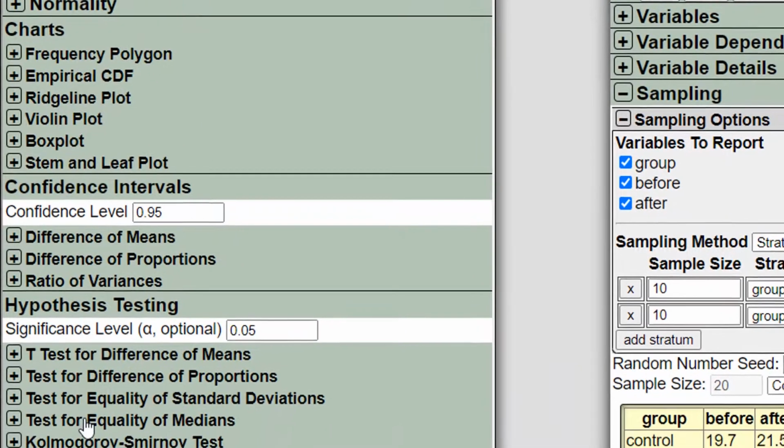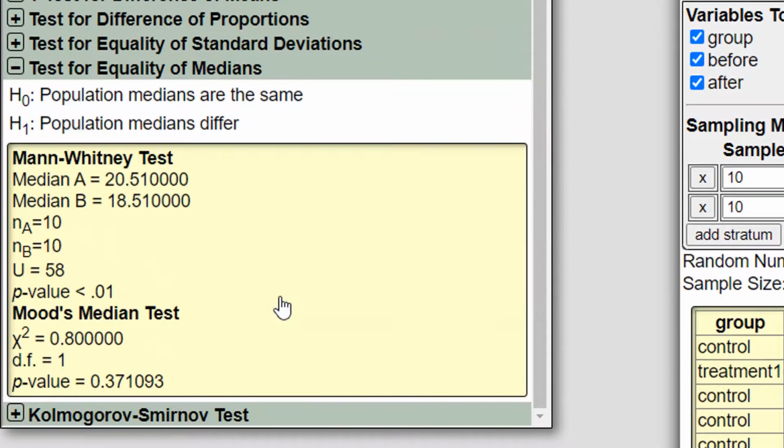We have a test for the equality of means, medians, and the Mann-Whitney test, which is again a non-parametric test for two independent samples. So the samples could have different sizes. The null hypothesis is that the two population medians are the same. The alternative is that the population medians are different, and you get the U statistic and a p-value.